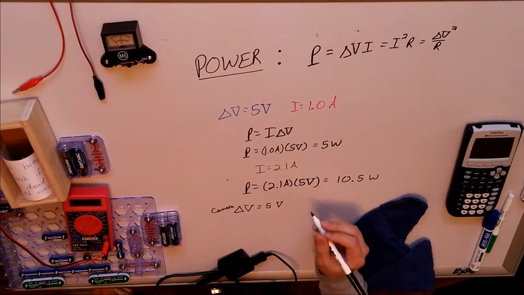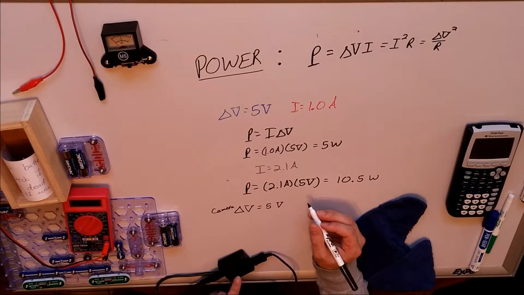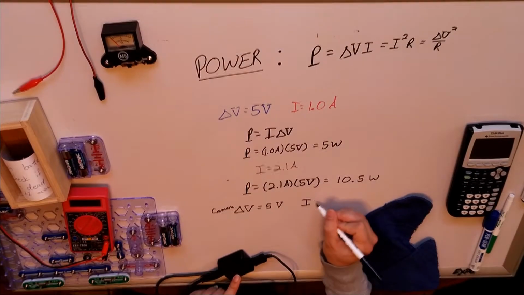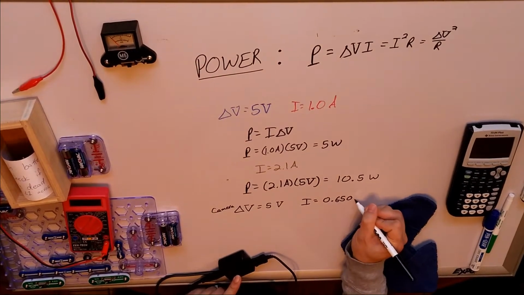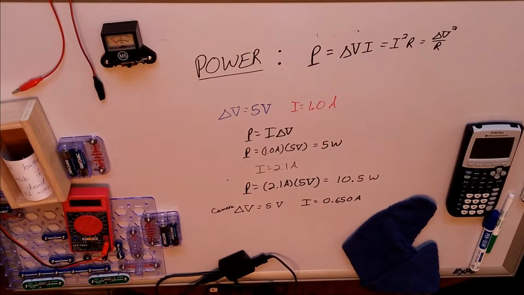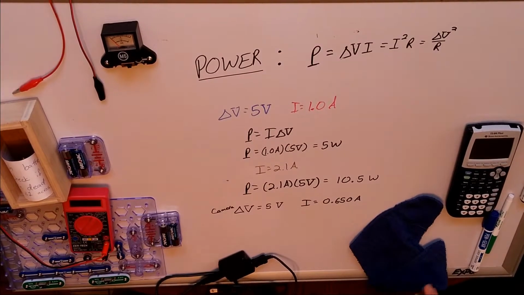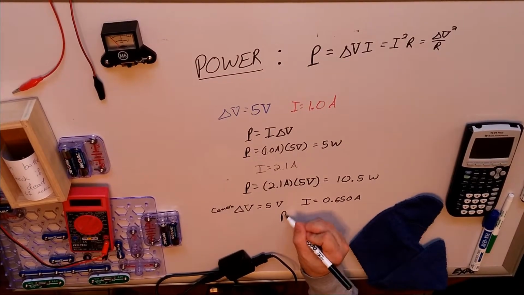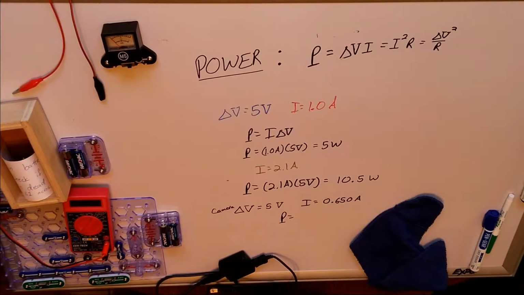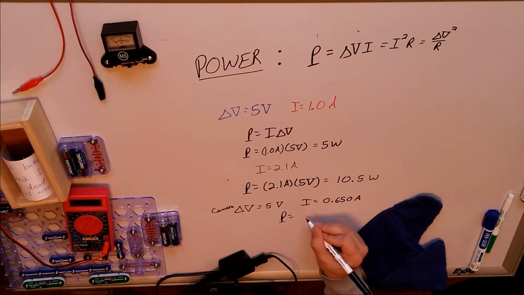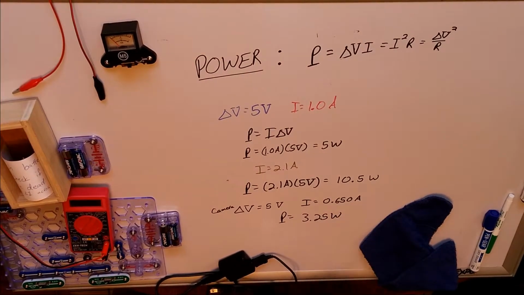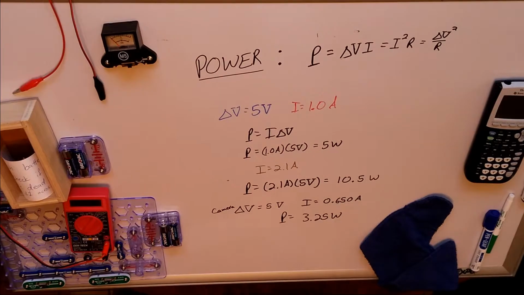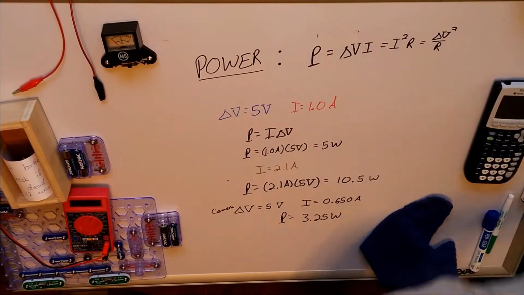Not all of them, but many of them. Okay, so the output, they said the current for my camera was 0.650 amp, 650 milliamp. I told you you'd see milliamp a decent amount. So the power for my camera charger is going to be 5 times 0.650. We end up with 3.25 watts.